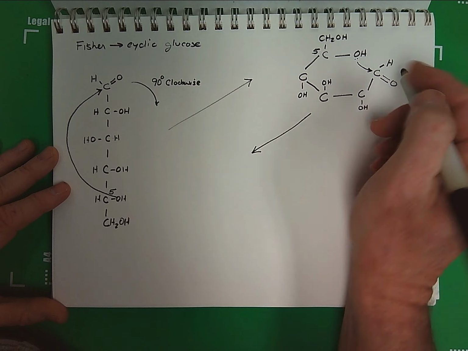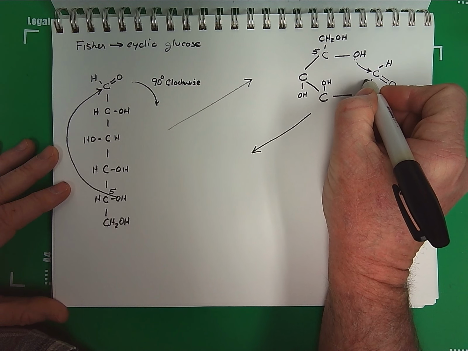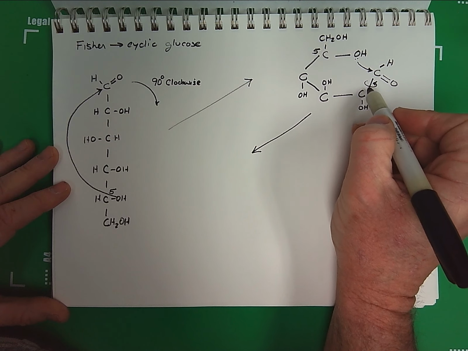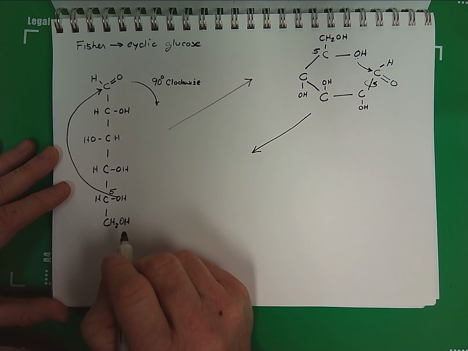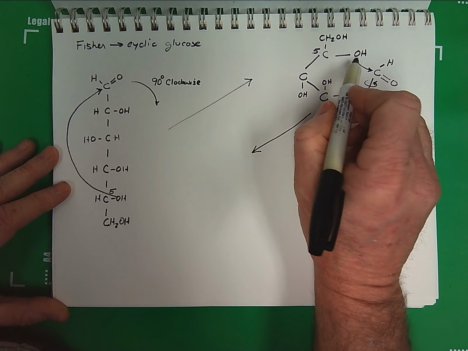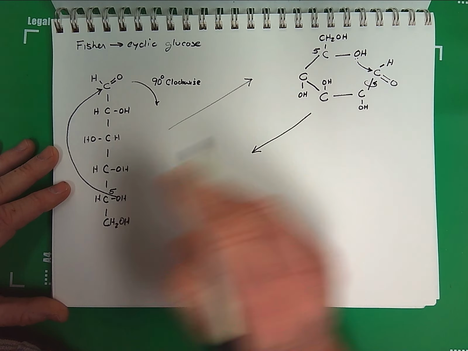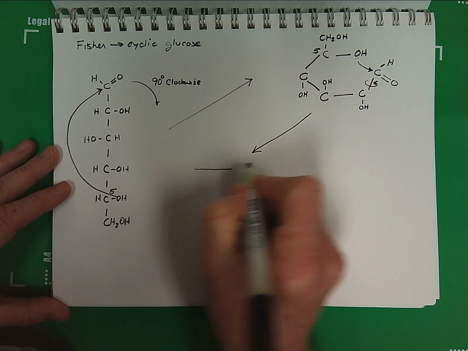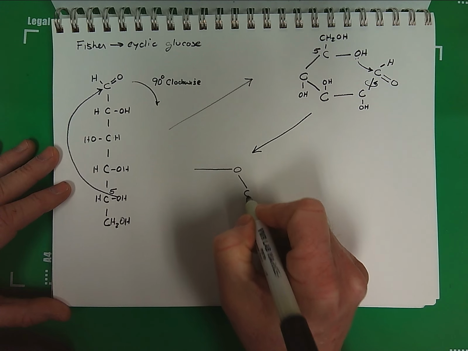The two configurations arise because of the free rotation around the bond between the number 1 and number 2 carbon. So if we have our carbonyl with our oxygen facing down when the oxygen binds to this carbon, we will have this structure of glucose.